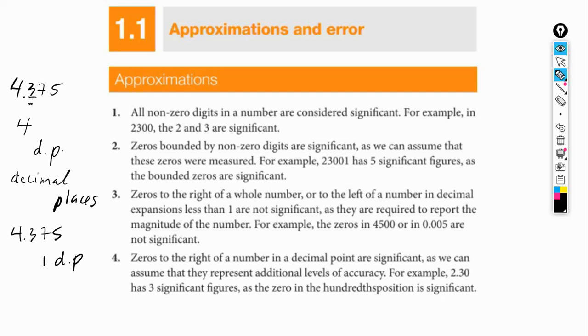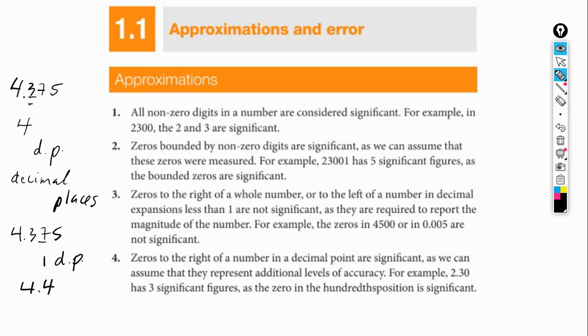That just means to one decimal place. So in that case, we would have to check the second digit after the decimal point, in this case 7. Because 7 is larger than 5, then we would have to round it to 4.4. So this would be 4.375 rounded to one decimal place.